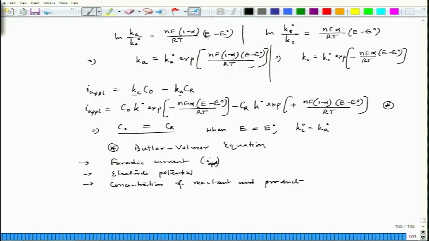So, you can consider either M or Mn plus, depending on the reaction you are considering, whether oxidation or reduction. So, all four are connected.